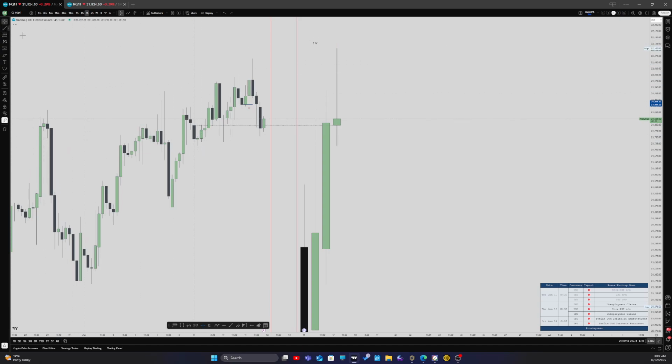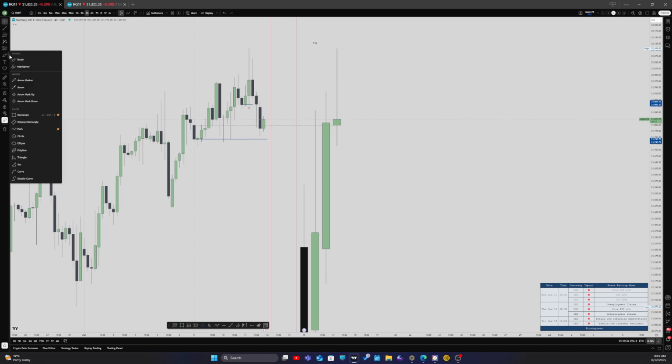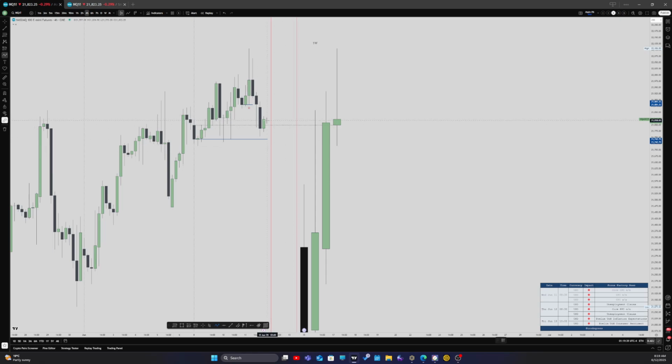So before additional move down, for a larger move down, price should come down to this, form a market structure shift, and we could look for displacement all the way down here, right? So that could be a possibility.